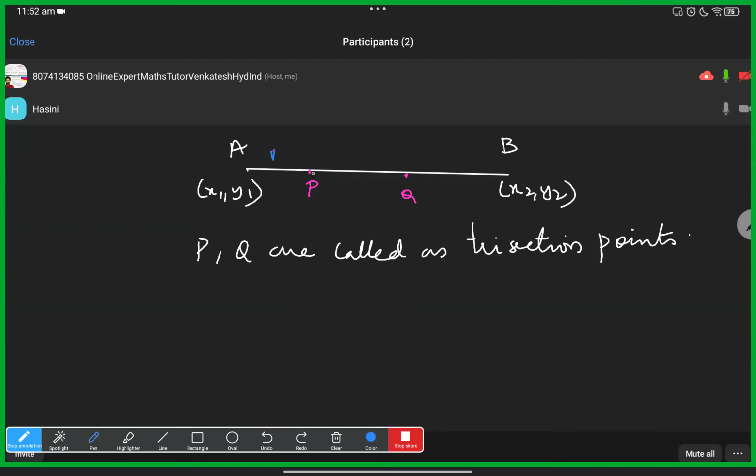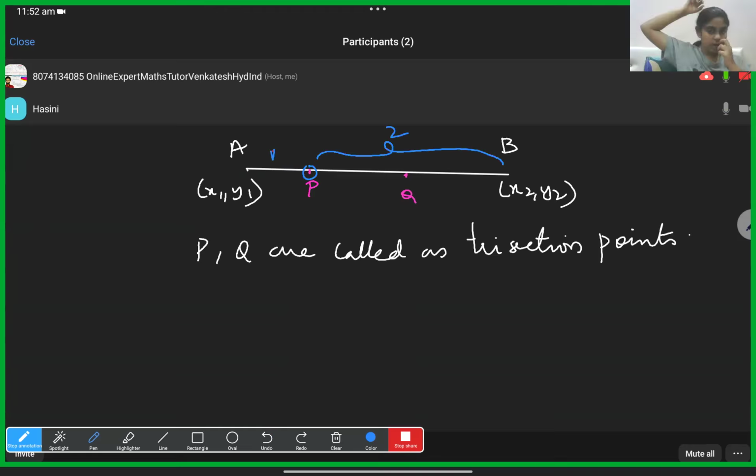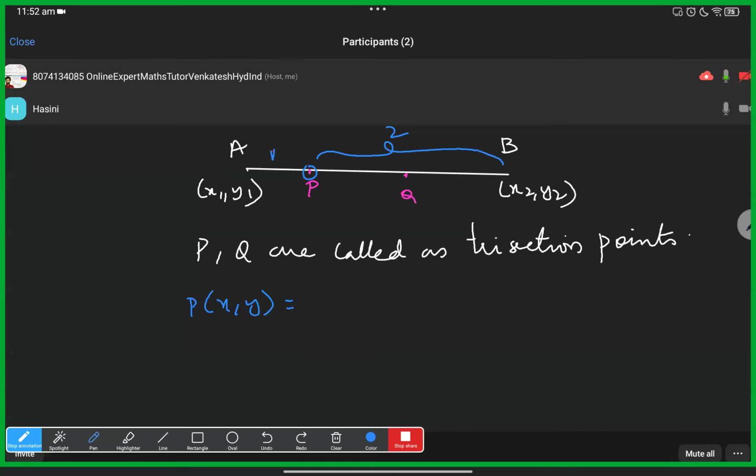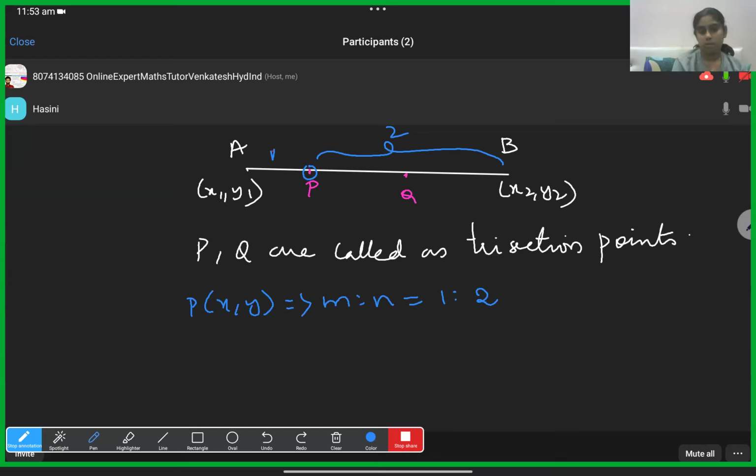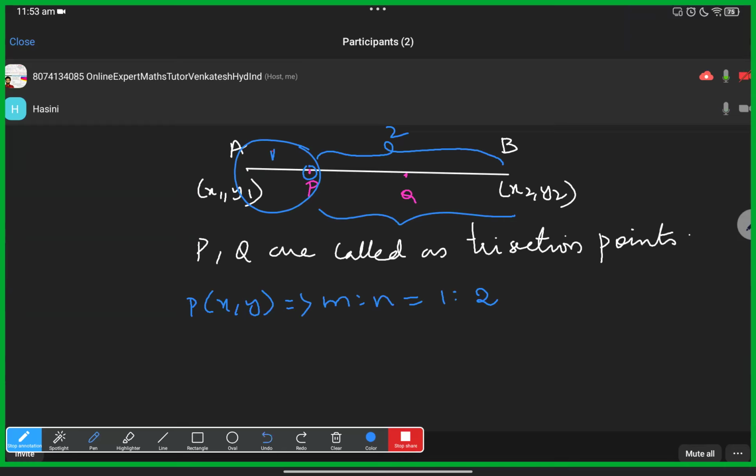To find the point P, we use the same section formula we wrote before, (mx2 + nx1)/(m + n), with the ratio 1:2, because P is closer to A, which is one part, and the remaining two parts are PQ and Q. So in total, three parts.